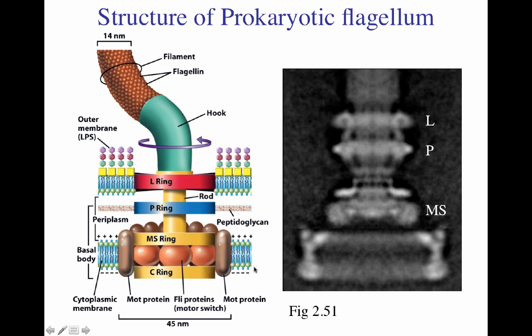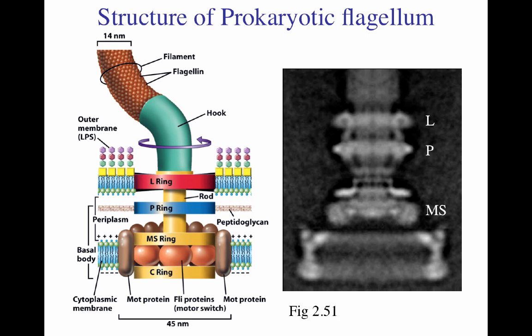Now, at the basal part of the flagellum, the area that is part of the cytoplasmic membrane, you have other molecules that are important. You have the Mot proteins, which are motor proteins designed to act as a turbine to move the flagellum, and you also have the Fli proteins, which are the motor switches, and the motor switches allow the flagellum to change direction.